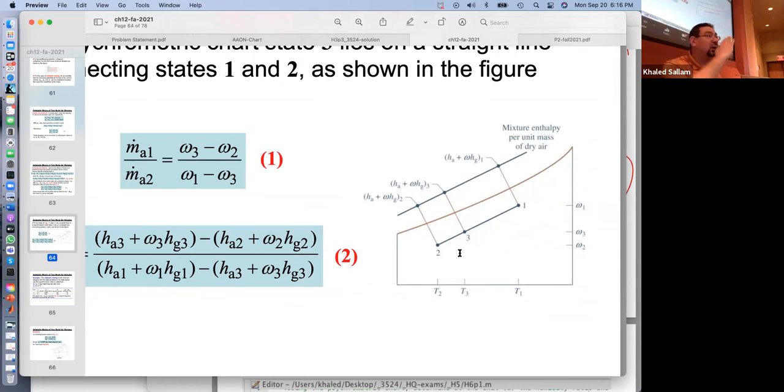Are you at 1 or are you at 3? It depends on the ratio. Okay? But what's really important in this sketch is when you add 1 and 2 together in a mixing, the output will sit on the line connecting them. This is very important. Okay?